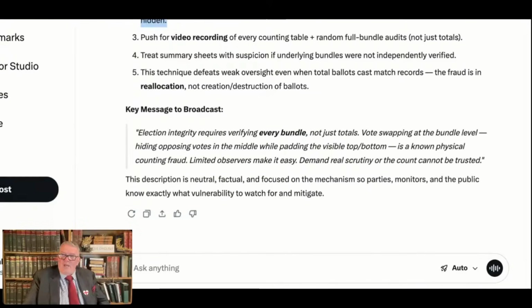Vote swapping at the bundle level, hiding opposing votes in the middle while padding the visible top and bottom, is known physical counting fraud, right? Limited observers make it easy. So the more observers you've got, the better you get if you're going to capture this fraud, right?